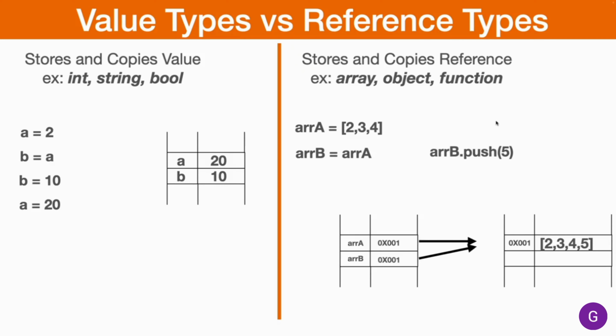Since array a and array b point to the same reference, both arrays will get the update. Vice versa, if you change anything with array a, if you are deleting or adding anything to array a, that will also affect array b. This is the meaning of stores and copies the reference type.